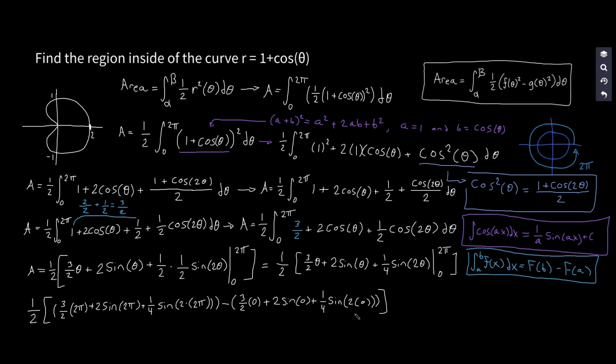At this point, there's going to be a lot, and I mean a lot, of cancellation. Sine of 0 is 0, times 1/4 is 0, so this whole term goes to 0.